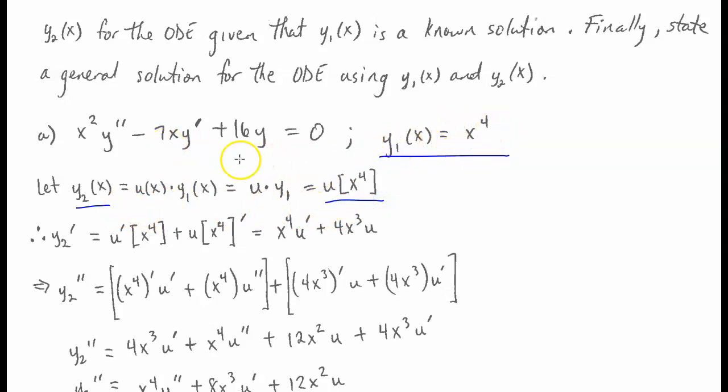Okay. Now, notice here that the type of equation that you're dealing with is going to be a second order linear homogeneous equation. It is second order because the highest derivative is a 2. It is linear because you have second derivative, first derivative, no derivative, and then that's it on the left-hand side.